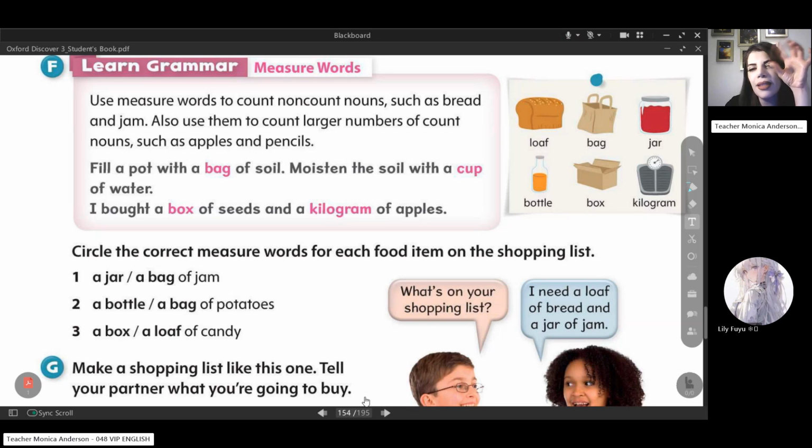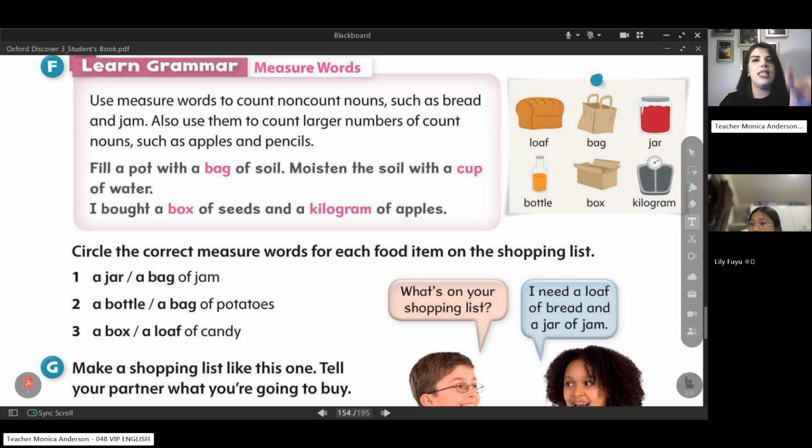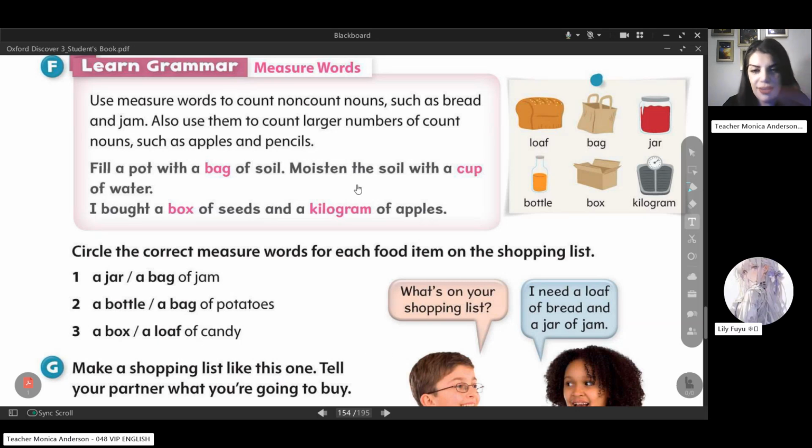Get it? Or a handful of, for example, rice. So there are different measure words that you can use. Now, of course, for this part, you only need to know these: loaf, bag, jar, bottle, box, and kilogram.